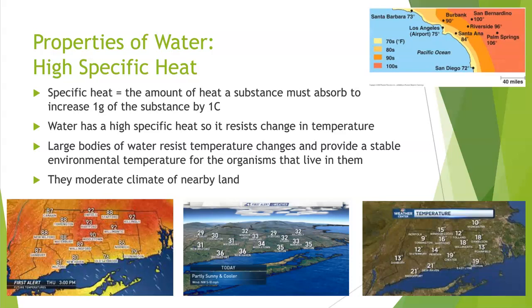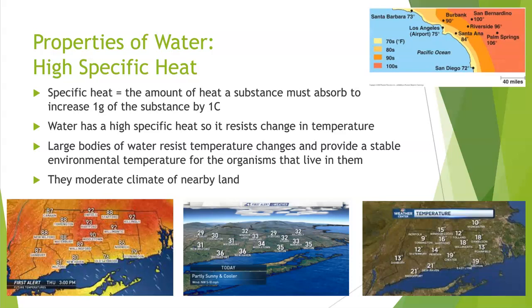This is very important on our planet because large bodies of water resist temperature changes and they provide a stable environment for the organisms that live in them. In addition to that, they tend to moderate the climate of the nearby land.